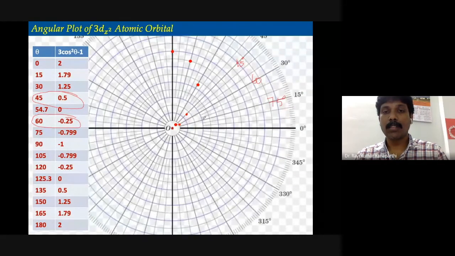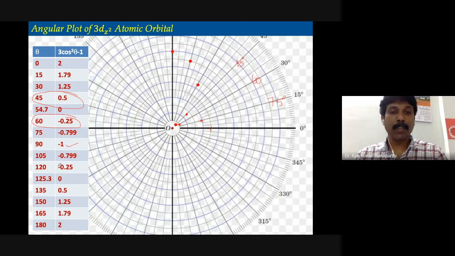Along this axis we have to mark 0.8. We know this is 0.2, this is 0.4, this is 0.6, this is 0.8. So this is somewhere that you have to mark it. Then along the 90 degree axis we have to mark the other point, that is 1. This is 0.8, so this will be 1.